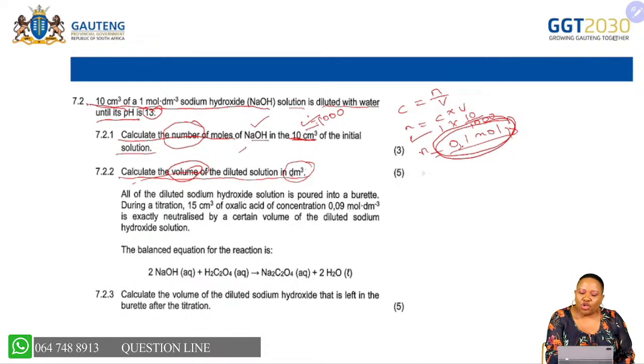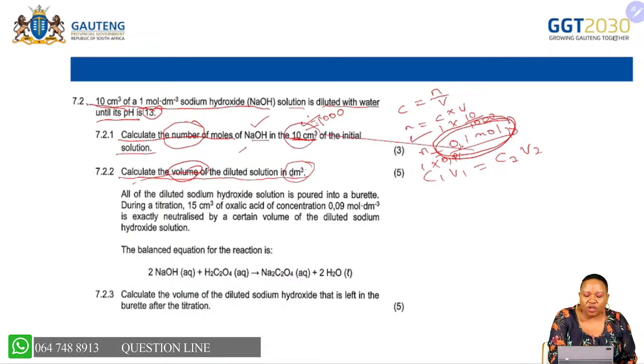For dilution, you can even use the formula C1V1 equals C2V2. You know that the concentration before was 1, multiplied by the volume, which was provided to you. Then you are looking for the second concentration, at the second volume.